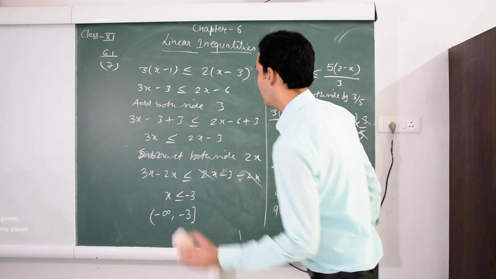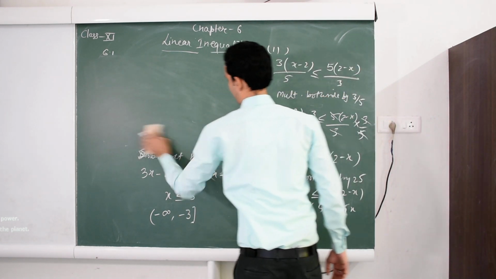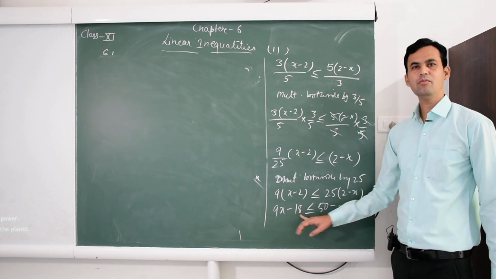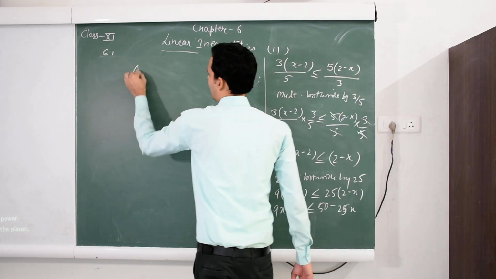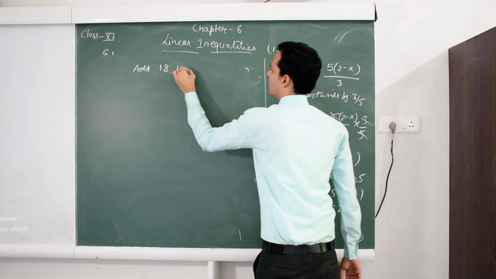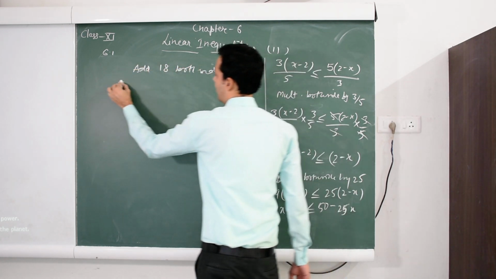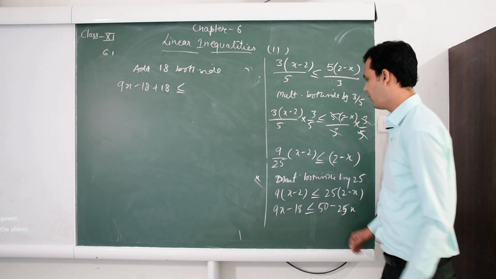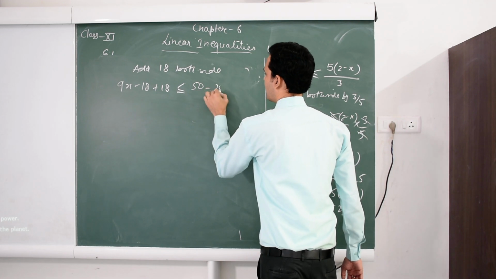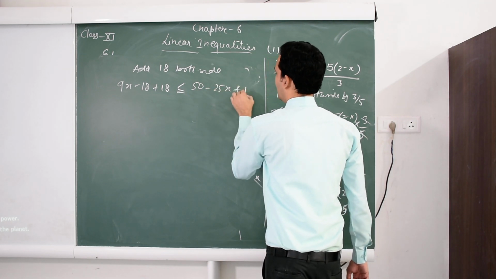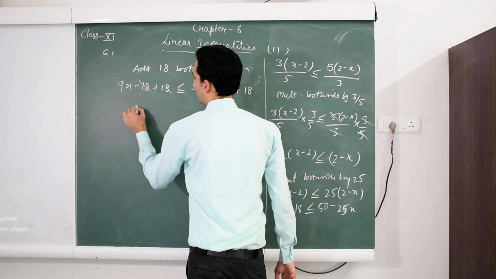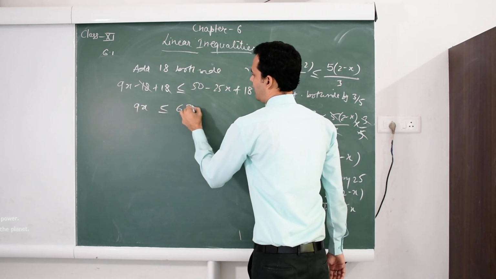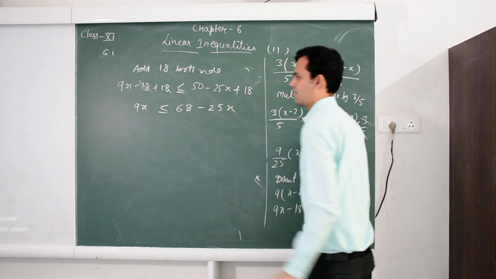Now what we will do, we add 18 both sides. So 9x minus 18 plus 18 less than or equal to 50 minus 25x plus 18. So these two cancel, 9x less than or equal to 68 minus 25x.